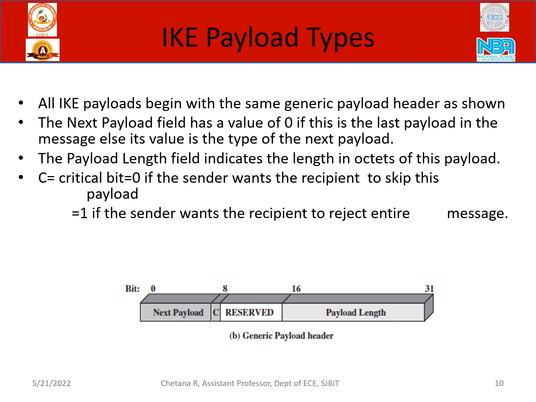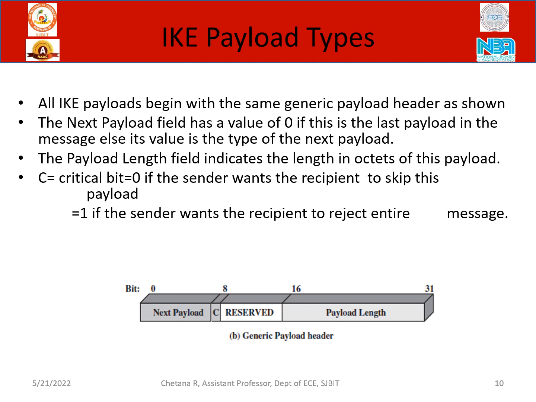The payload length field indicates the length in octets of this payload. How much is the length of the payload? It is displayed in octets, in sets of 8 bits. C is the critical bit. If the bit is set to 0, the sender wants the recipient to skip this payload. If it is equal to 1, the sender wants the recipient to reject the entire message.